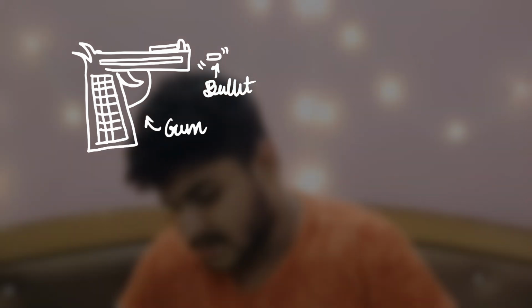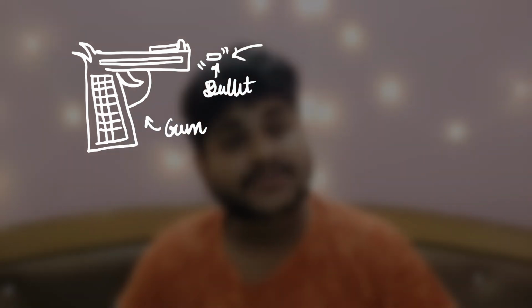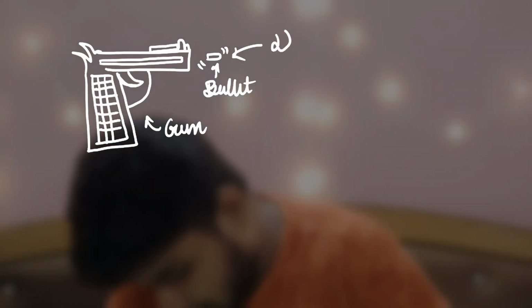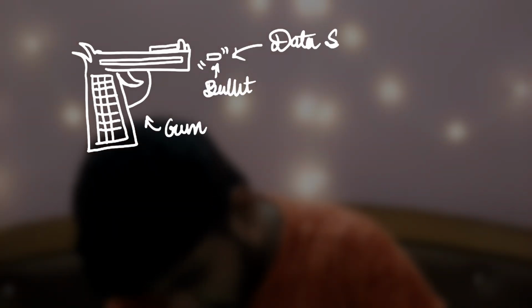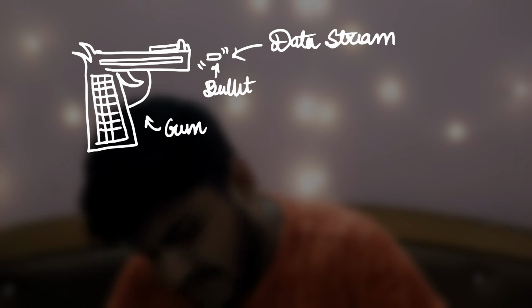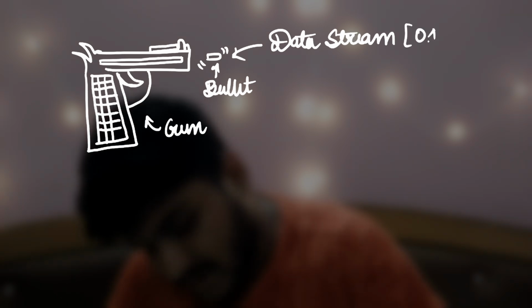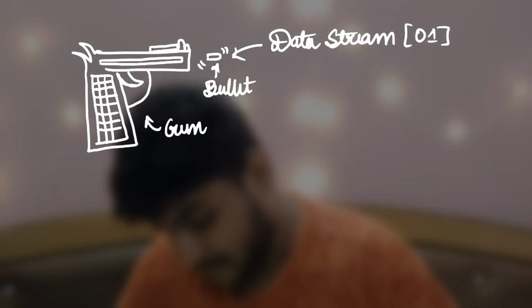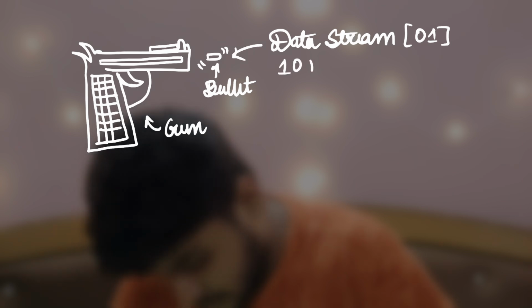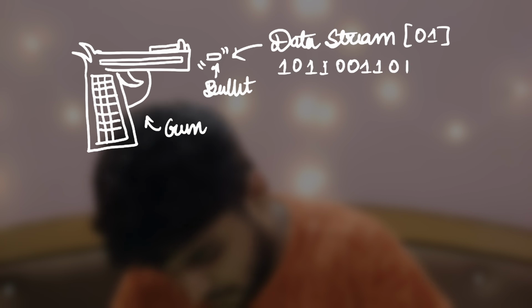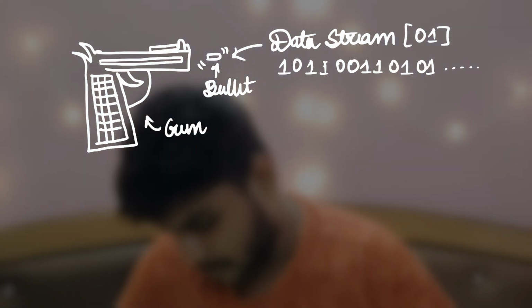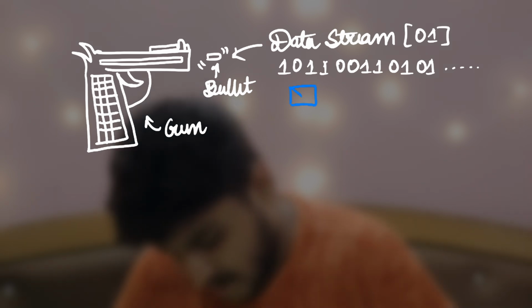This bullet is going to be the data stream or the user data. This data stream is going to be in the form of zeros and ones, binary data. This data is going to be divided into smaller chunks, smaller datagrams.